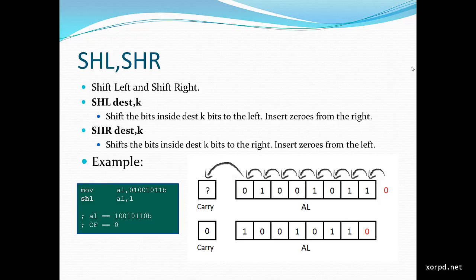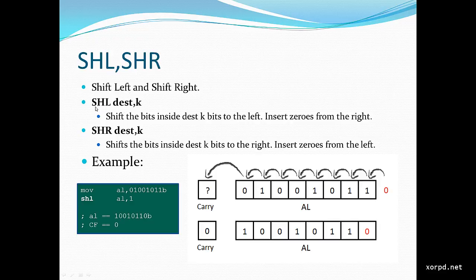We begin with shift left and shift right. Those two instructions are really dual, they just move in different directions. The shift left instruction has two arguments, dest and another argument which I call k. It is sometimes called source, but I prefer k for this example.